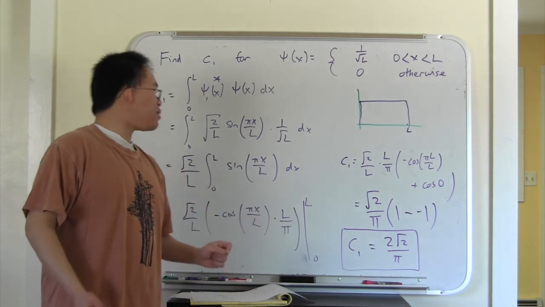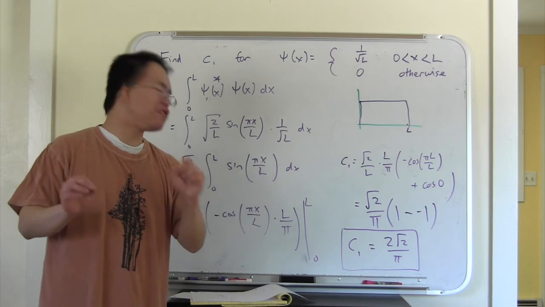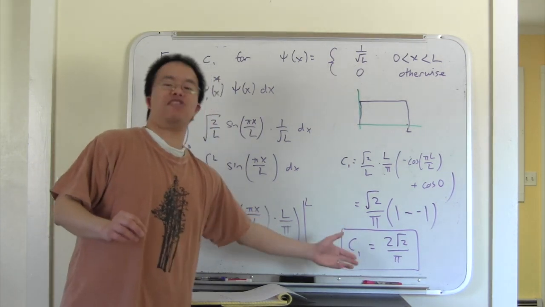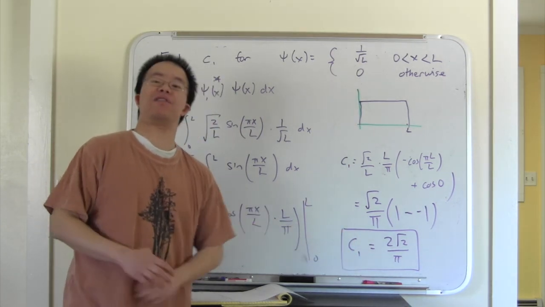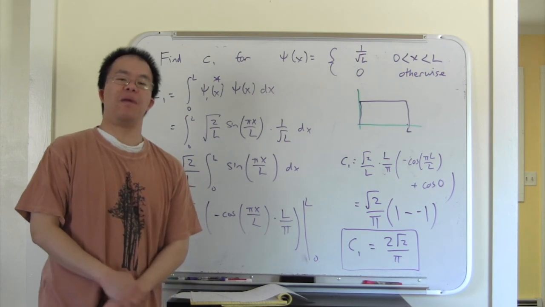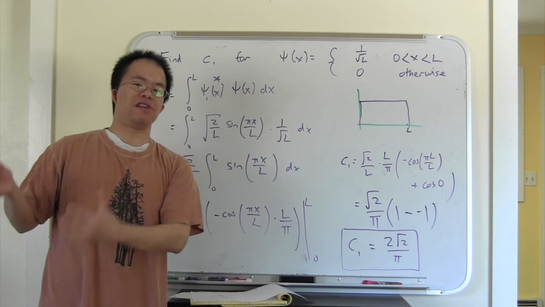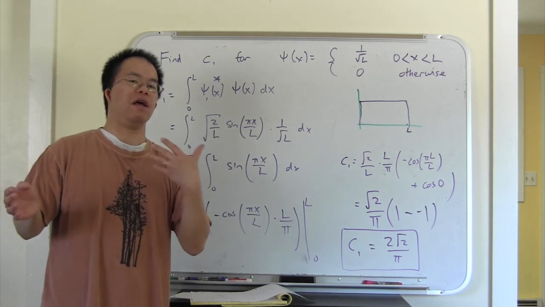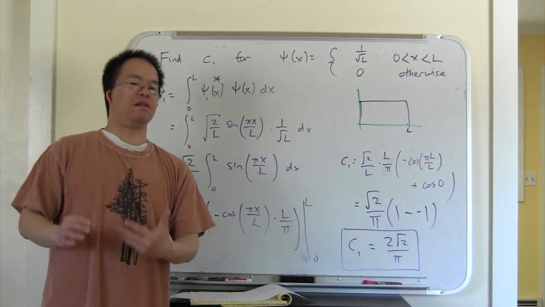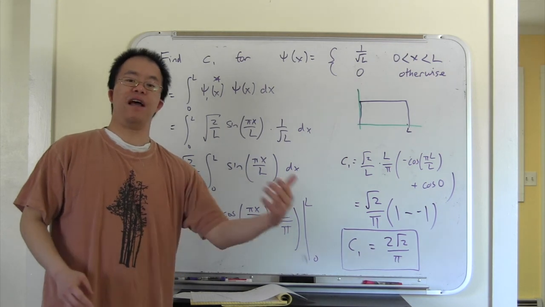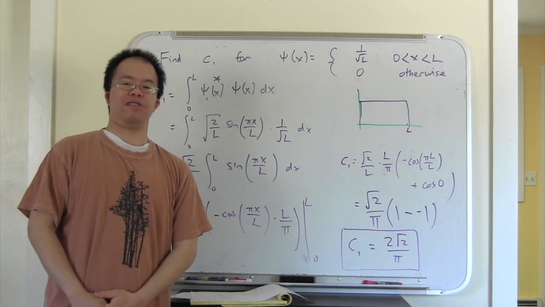We'll also be able to say more about the physical significance of these expansion coefficients like the C1 I calculated here. I'm going to end now with a slide that summarizes the analogy between vectors in 3D space and wave functions.